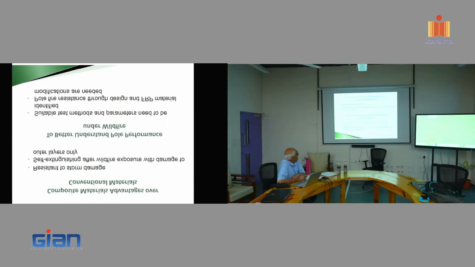Composite material advantages over conventional materials. Here our goal is to understand the performance of the pole under wildfire. What is a wildfire? First I need to define that, right? A wildfire has one kind of intensity at the ground level, a different kind of intensity at the top, and some third kind in the middle.